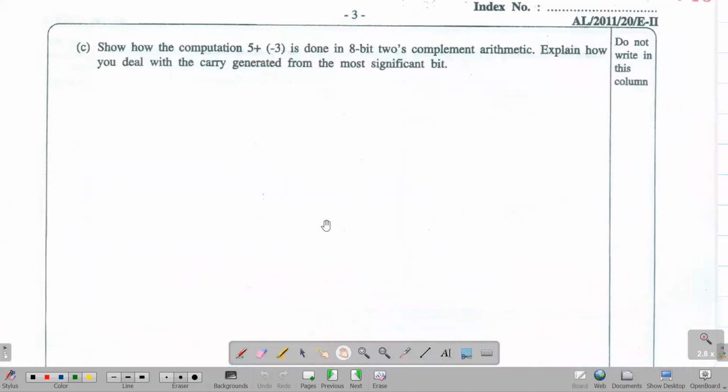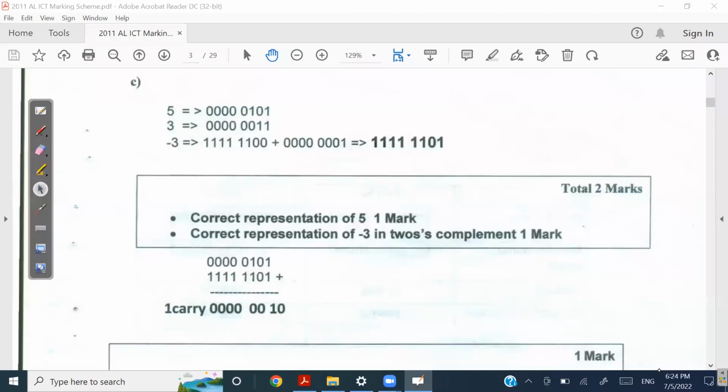Right, so this is the question. In that part, you have to do what? The representation of 5 must be done like this, since it is an 8-bit representation, right? And for the representation of minus 3 as a 2's complement value, this is going to be the 2's complement value straight away.